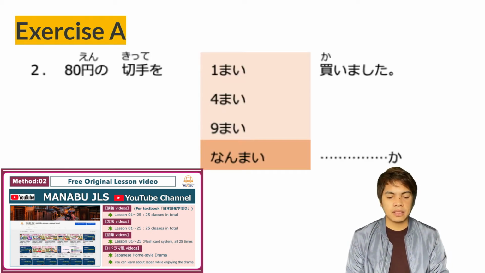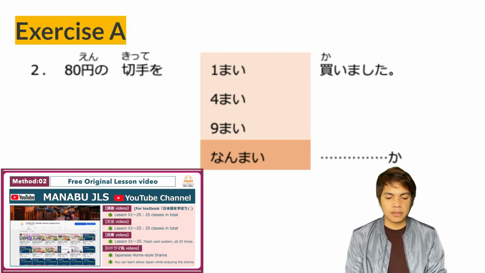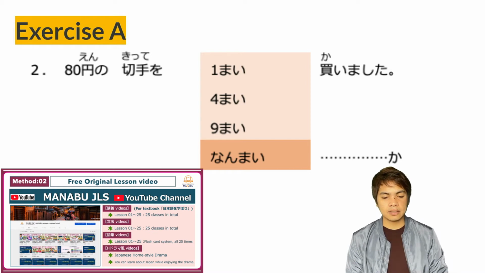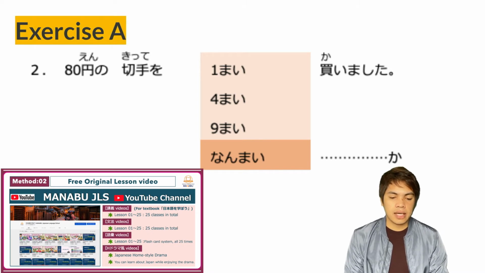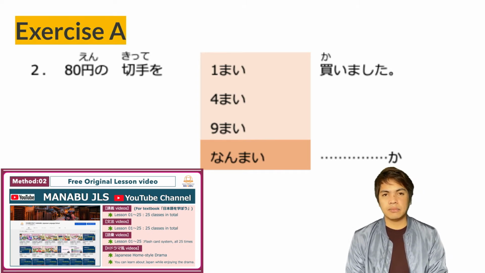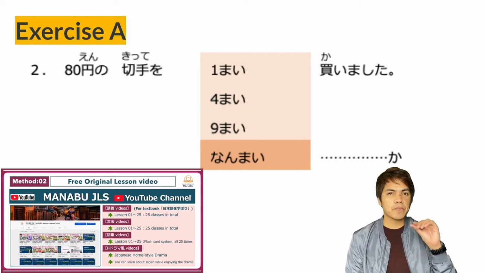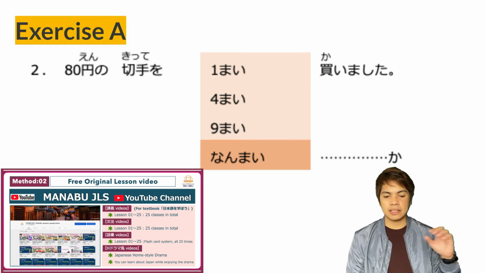Number 2. 80 yen no kitte o nanmai kaimashita ka? The interrogative is nanmai. How many 80 yen stamps did you buy? We use the counter mai because kitte or stamps are thin and flat things. It's paper, so we use the counter mai.